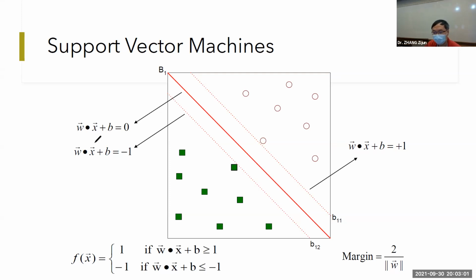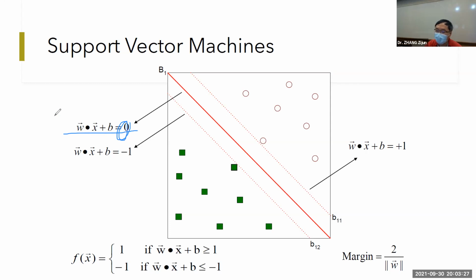So we can define the middle of the decision boundary B1 as a linear boundary, and all the data points that fall on this line take a neutral value, which is 0.